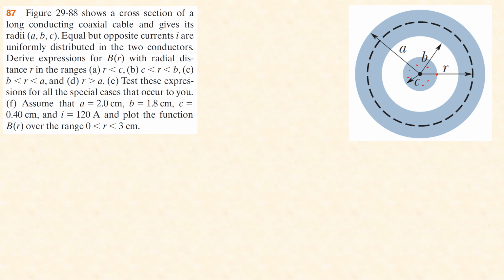And therefore the magnetic field at this point, let's call it B naught, becomes mu naught I, whatever current there is for each one of them, divided by 2 pi the radius c.